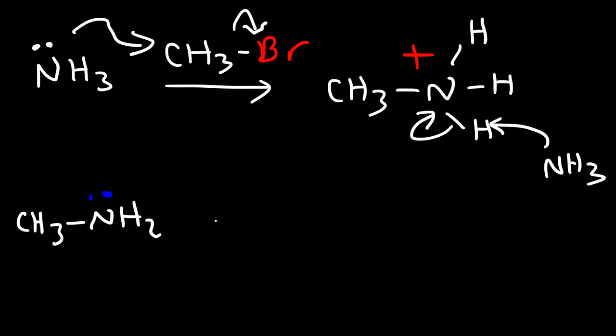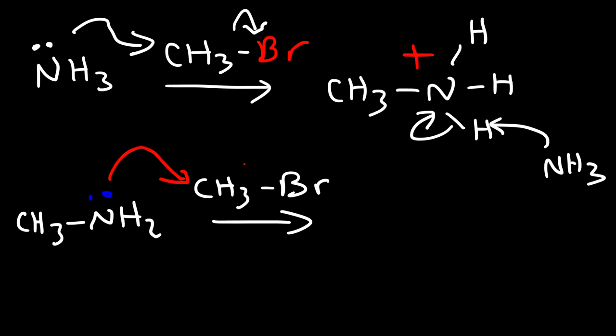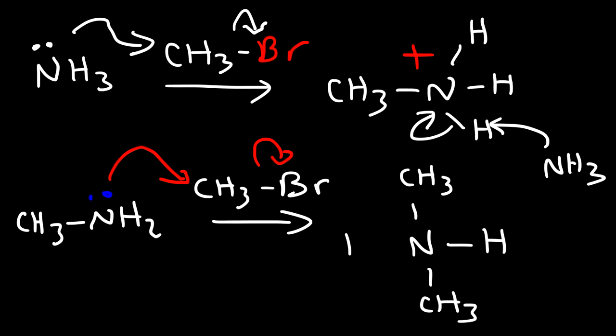Now, this will react with methyl bromide again. And so we can add another methyl group to the nitrogen atom. Right now, the nitrogen atom has 2 methyl groups and 2 hydrogen atoms, so it carries a positive charge.